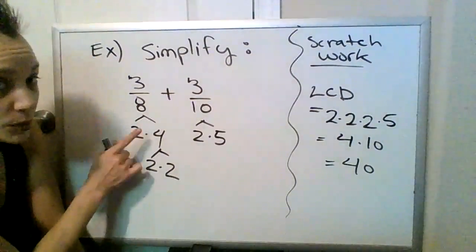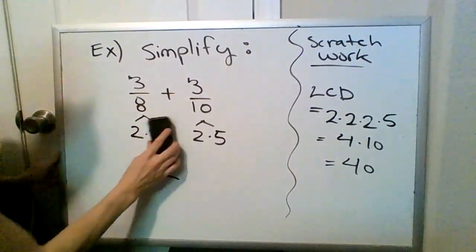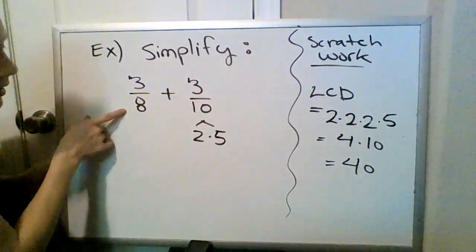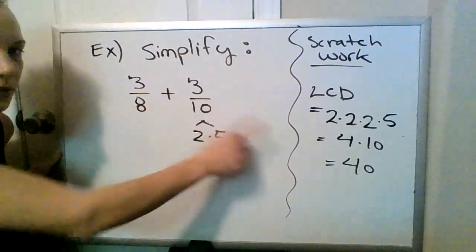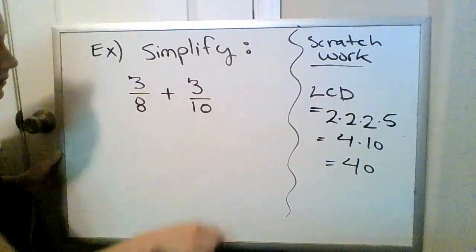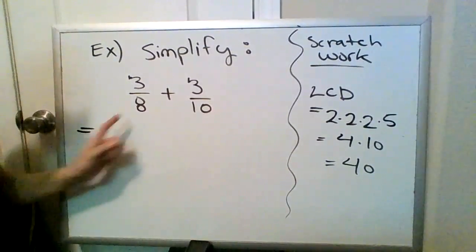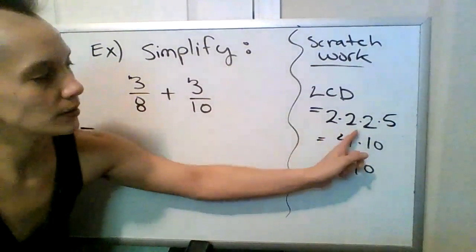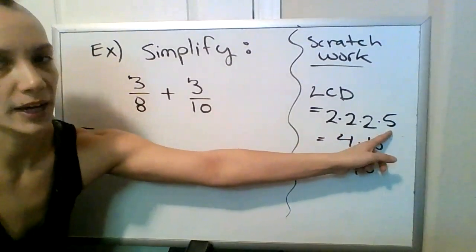Okay. Multiply the numerator and denominator by missing factors from the LCD. So 8 had all of those factors of 2, but you're missing 5.